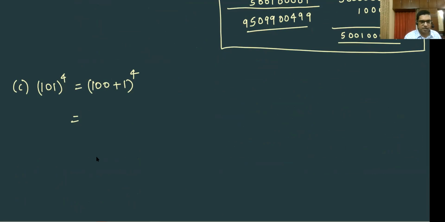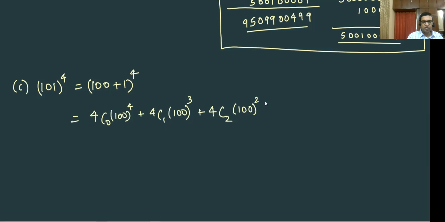So it is 4C0 100 power 4 plus 4C1 100 cube plus 4C2 100 square into 1 square plus 4C3 100 plus 4C4.